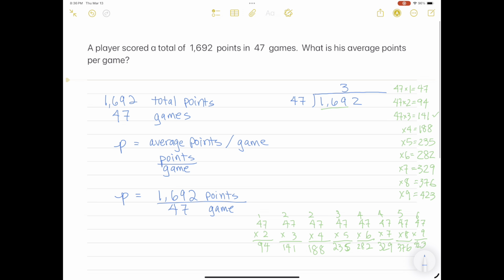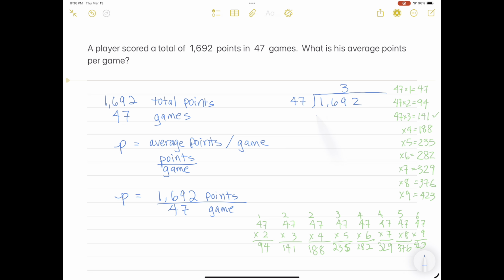And 47 times 3 equals 141. I write that down below 169, and I do the subtraction, which works out to be 28. So 28 is less than 47. I've done that correctly.